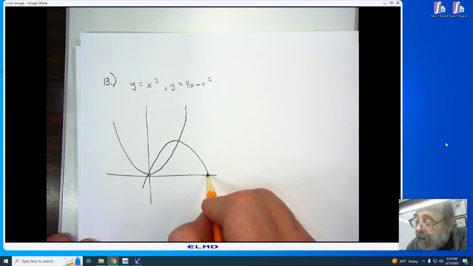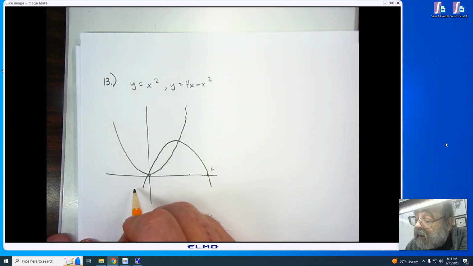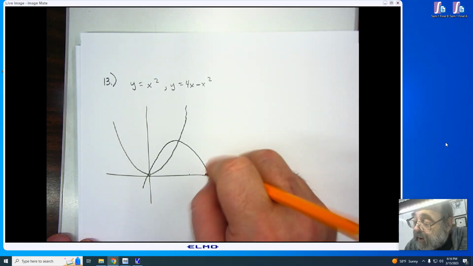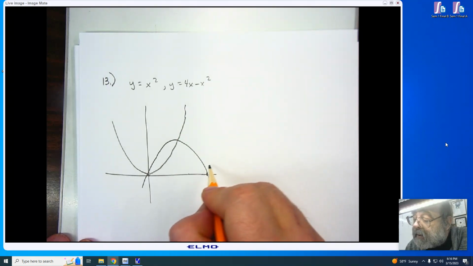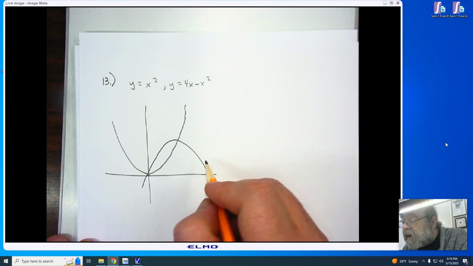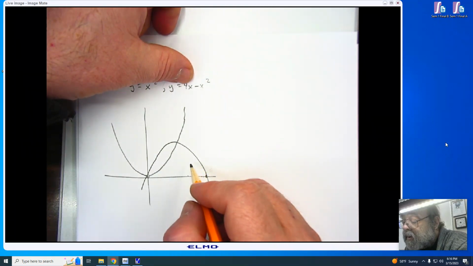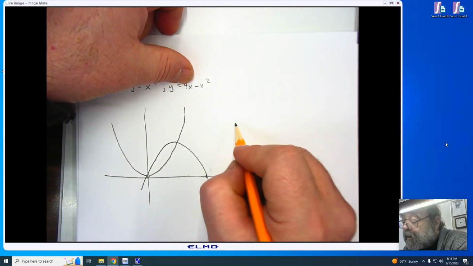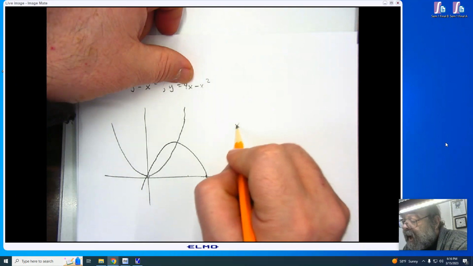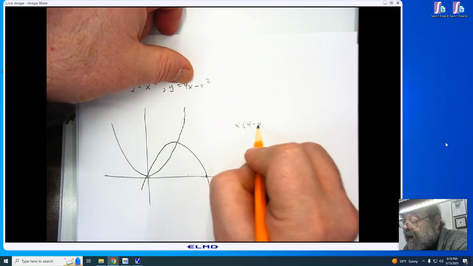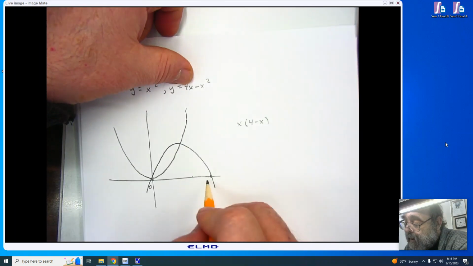Okay, so here's the 4 intercept. Looks like it's a 2, Mr. Lamb. Let's make sure we get that correct. So let's just make sure if I put in a 2, so I've got x times 4 minus x. It is, yes, 0 and 4.